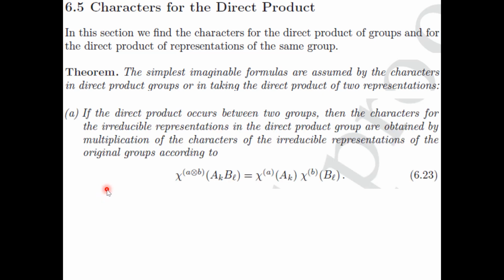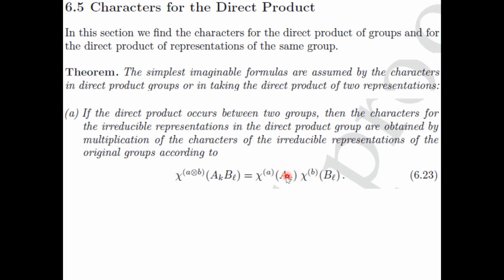It basically says that when you have the direct product of two groups, the character for the irreducible representations of the direct product group for two given operations A_K and B_L are simply given by the product of the characters of the original groups.